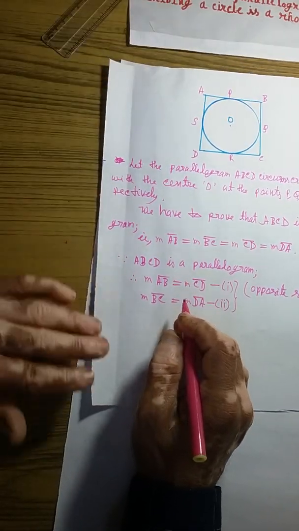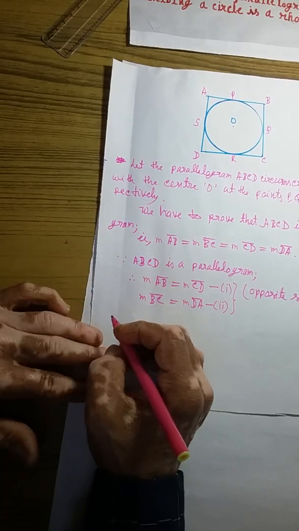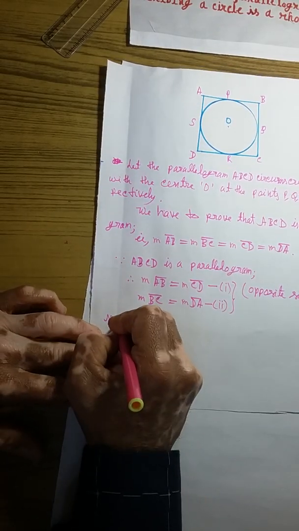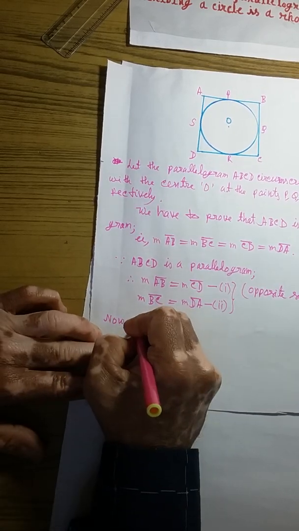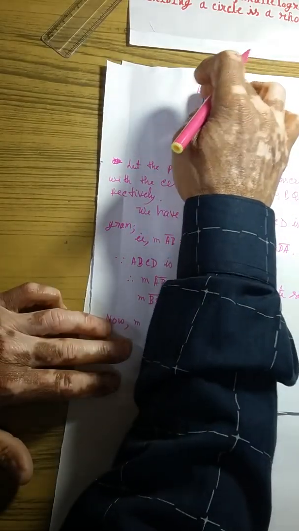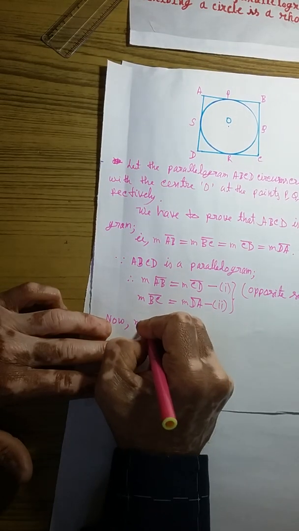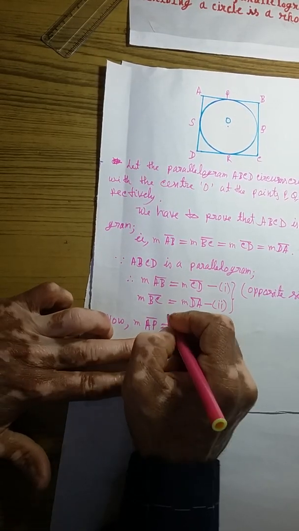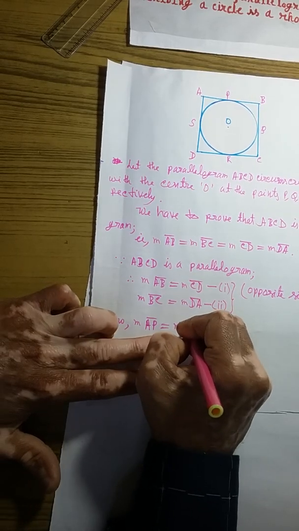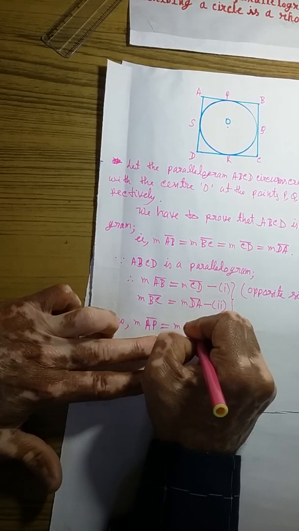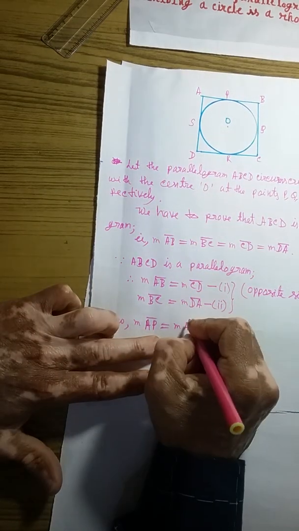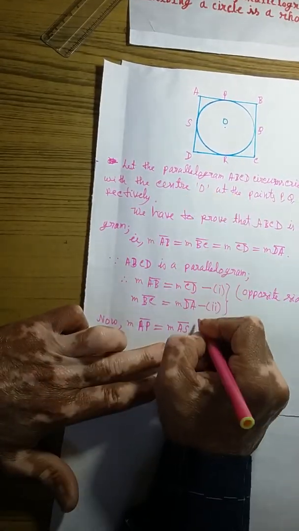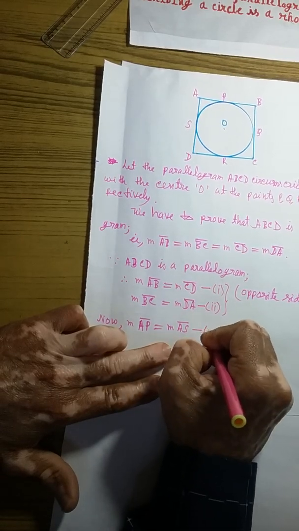After this, proceed in this way. Now measure of AP is equal to measure of AS. Let us name this relation as 3.